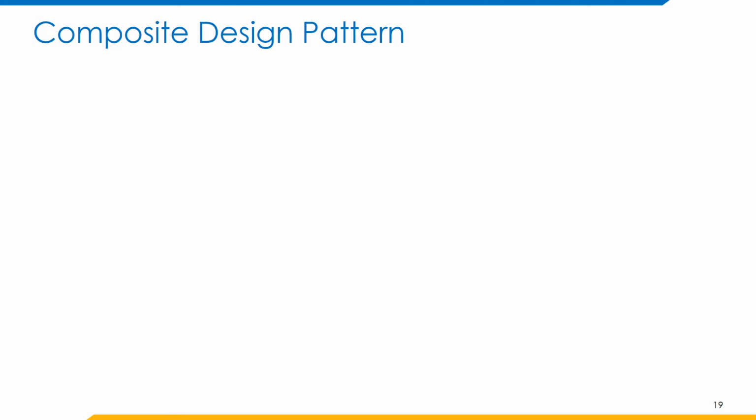Composite design pattern. In this design pattern, we will discuss the recursive structure, where one structure contains another structure. Here is a combination of primitive types.